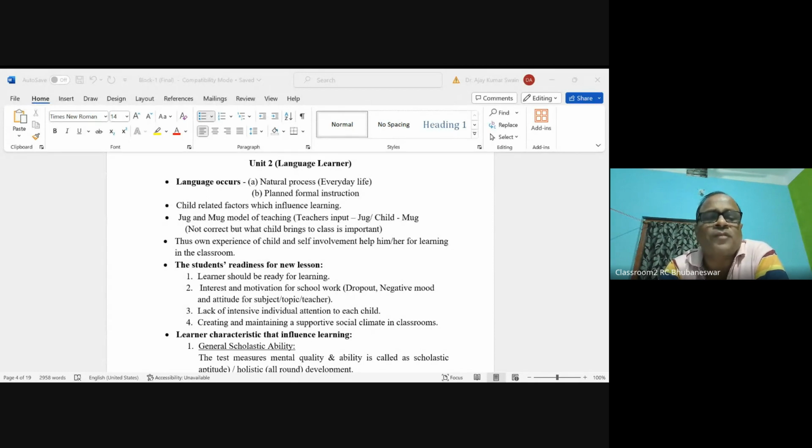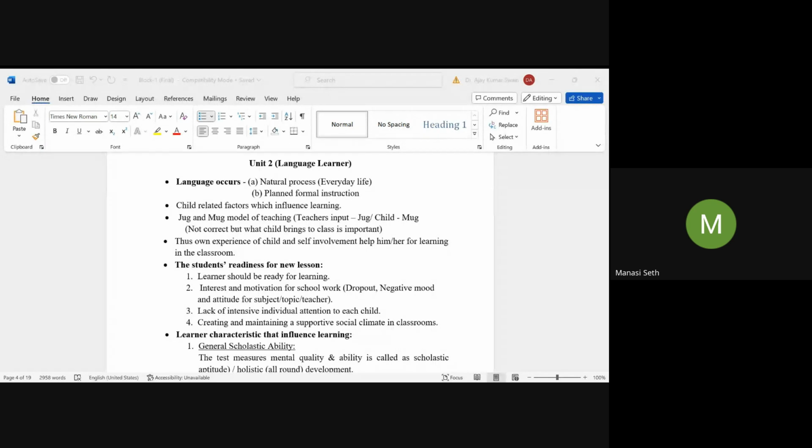That is natural process. Another is planned formal instruction. Planned formal instruction is in the school, in the English class. Even in mathematics class, we are also learning English. Yes or no? In science class also, yes, sir.